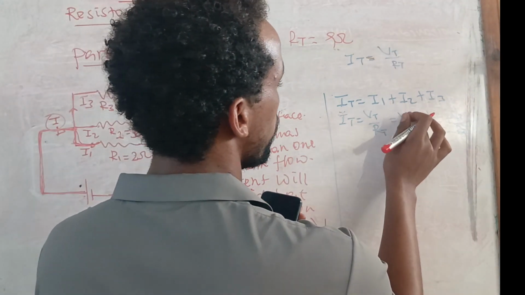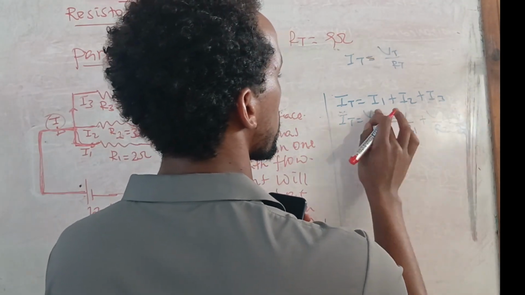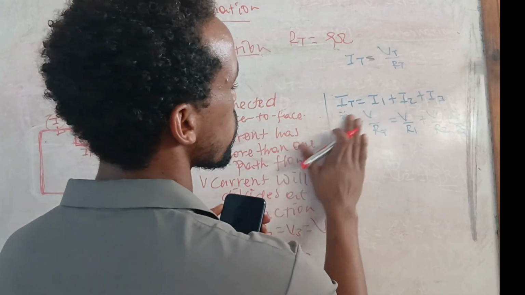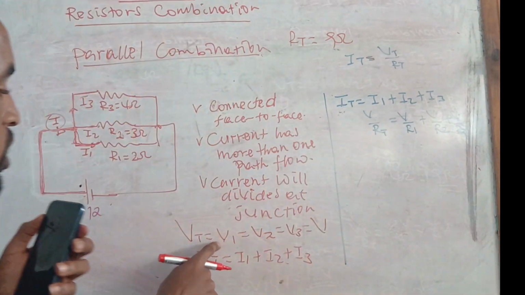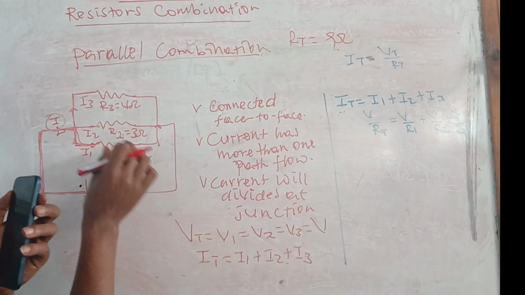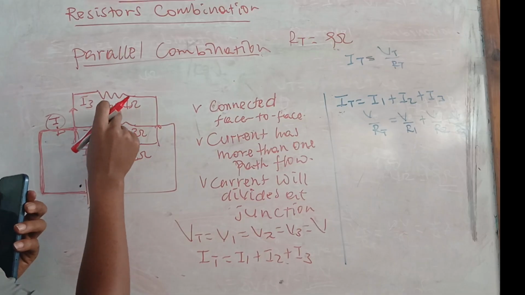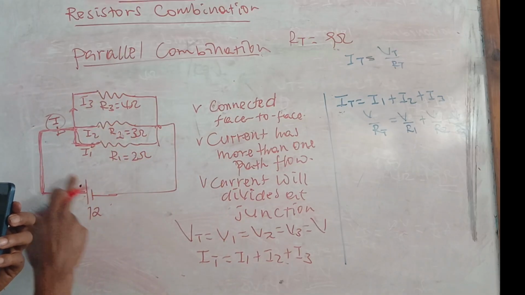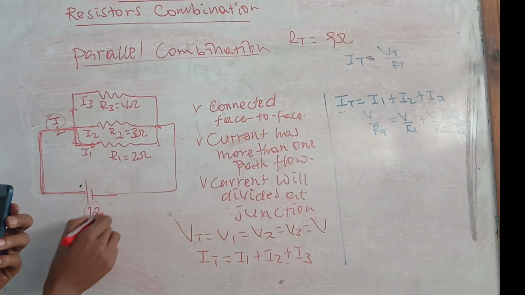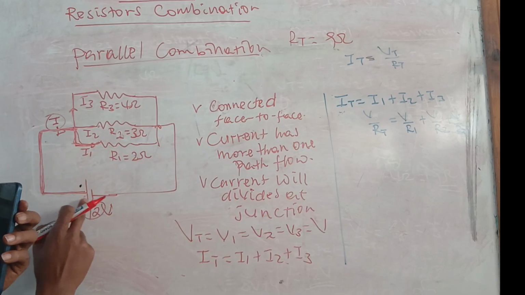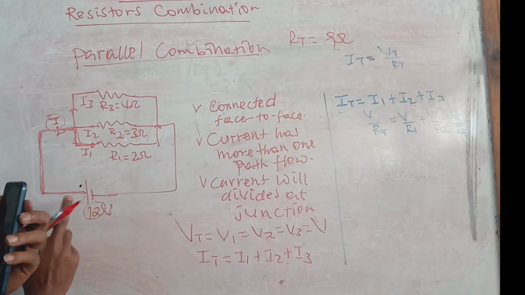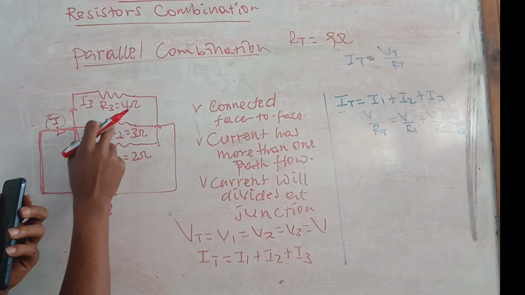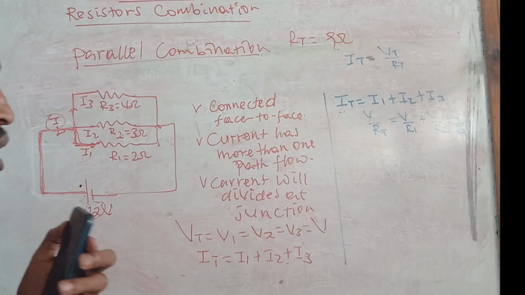Then we know that V1, V2, V3 and V total are equal. Why? Because in a parallel combination of resistors, the same voltage passes through each individual resistor. The charge divides, but since all resistors are directly connected to the battery, the same energy arrives at each resistor.